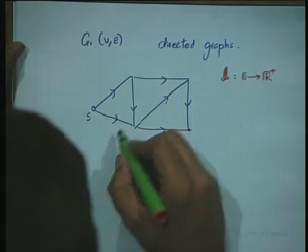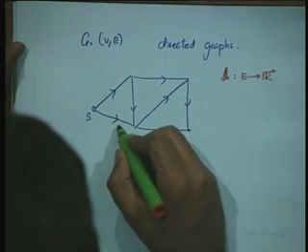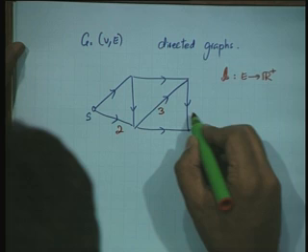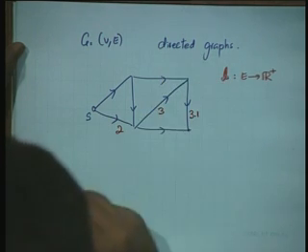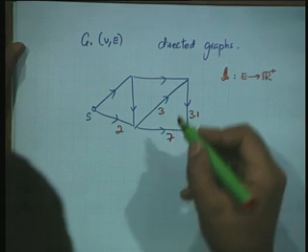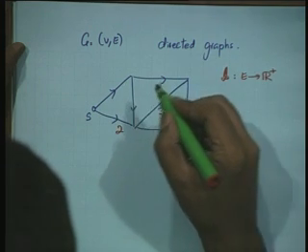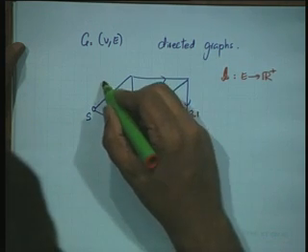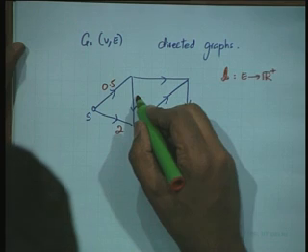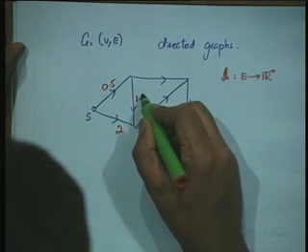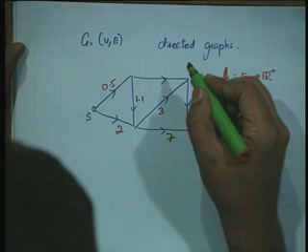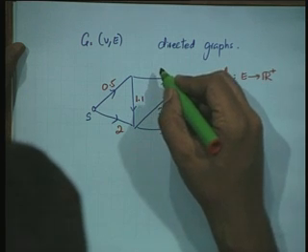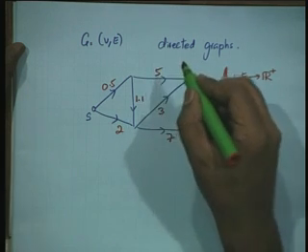So, let us say this edge has length 2, this is length 3, this is length 3.1, this is length 7, this is length 0.5, this is length 1.1, this is length 5.